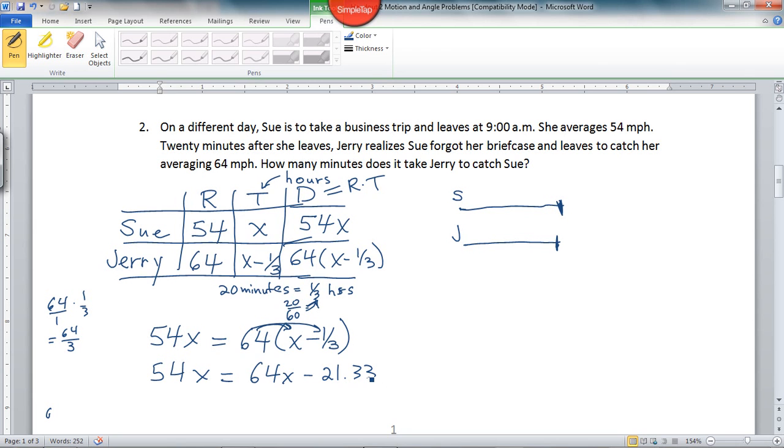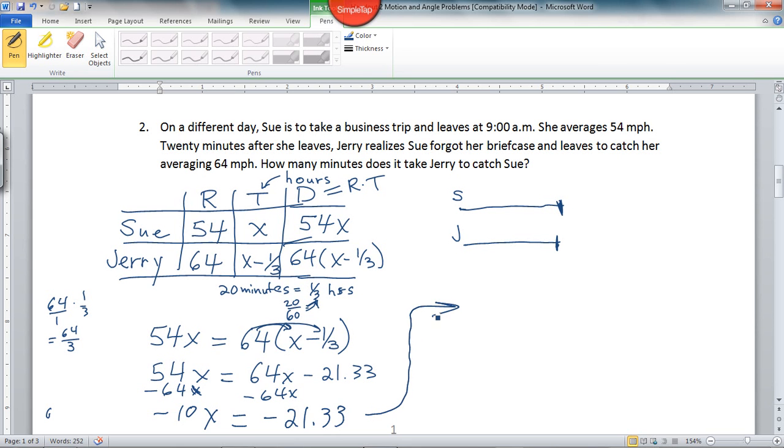All right. So now, just solving for x, we subtract 64x to get the x's on the one side there. And so on the left side, 54x minus 64x is negative 10x. And then on the right side, the 64x's go out, so we have a negative 21.33.